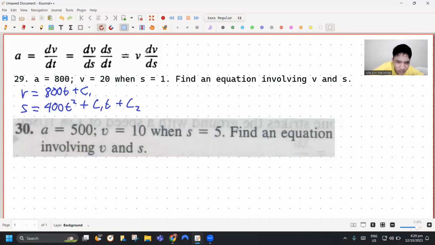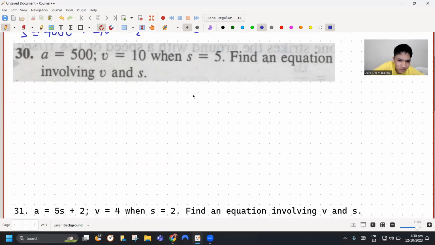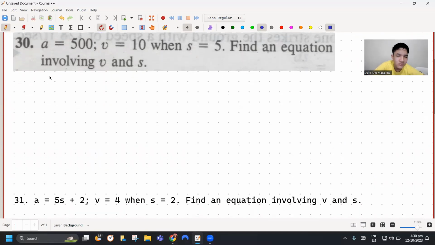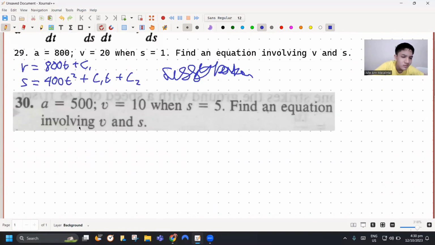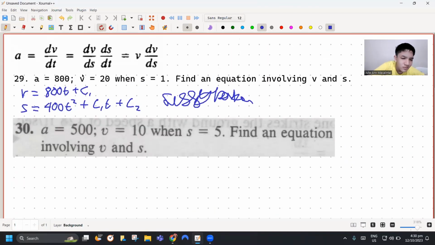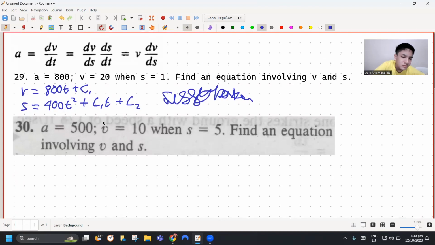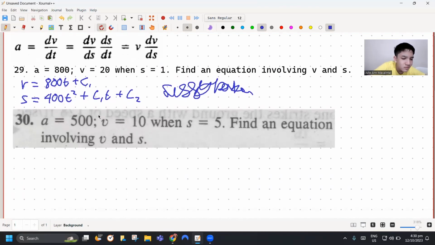Constant. So, pakita mo yung ano. Kasi kailangan na ikaw lang at least do it once. Yung start from there and then pakita mo yung integration in terms of find an expression connecting V and S and then find the arbitrary constant.